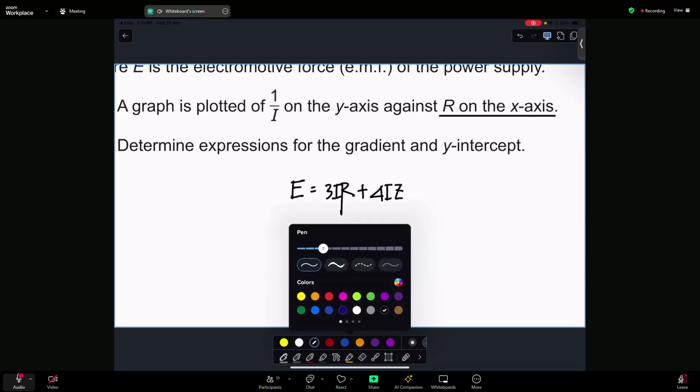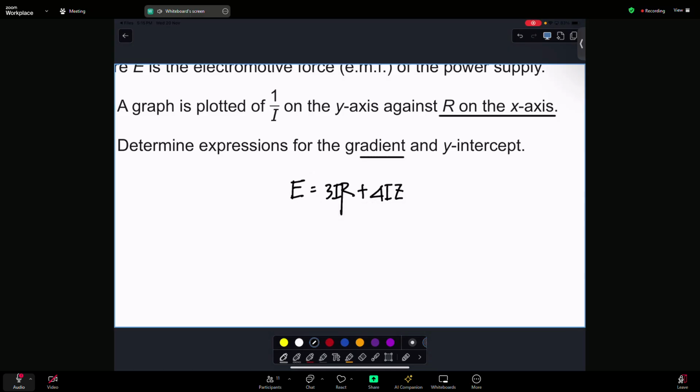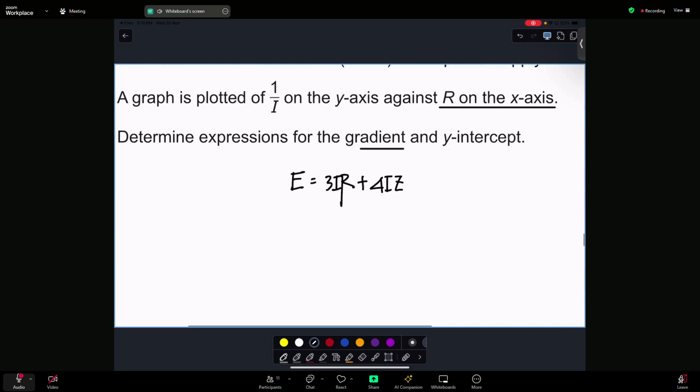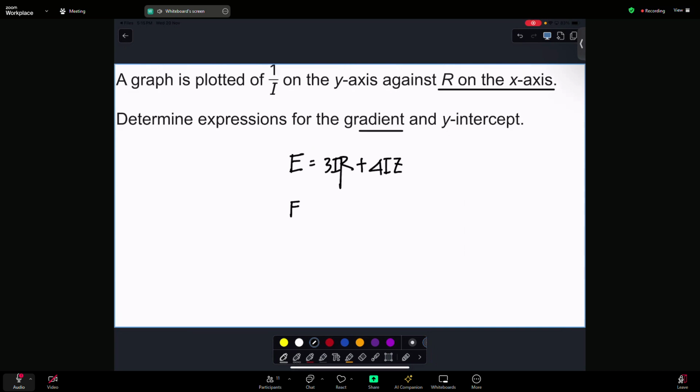So the gradient is 3 by E. 4 E. Achha, okay. Right. So what we do here is we take E equals to I common, which is 3R plus 4Z.